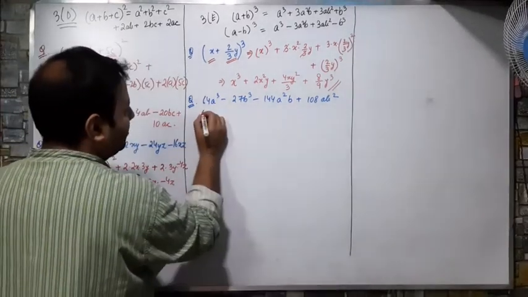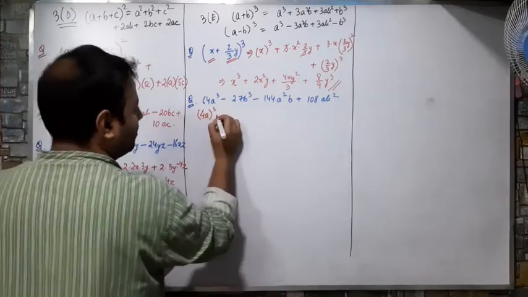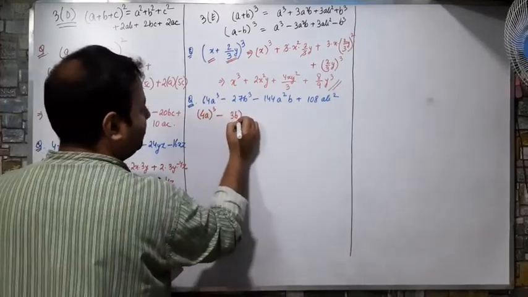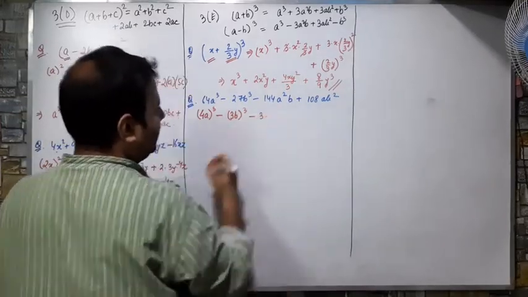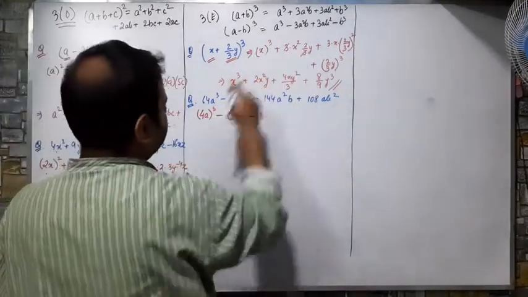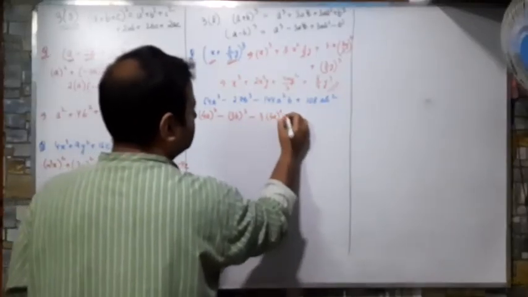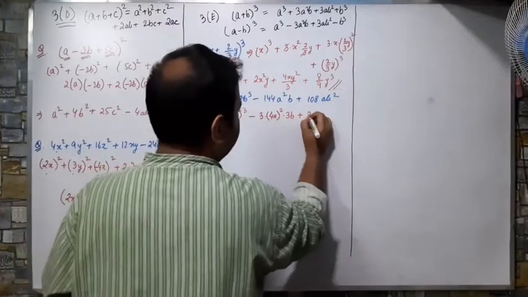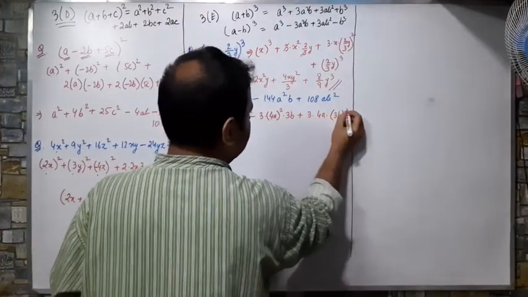64a cube can be written as 4a whole cube minus 3b whole cube minus 3 into, what is the formula? 3 into a square, a square means 4a whole square, into 3b plus 3 into 4a into 3b square.